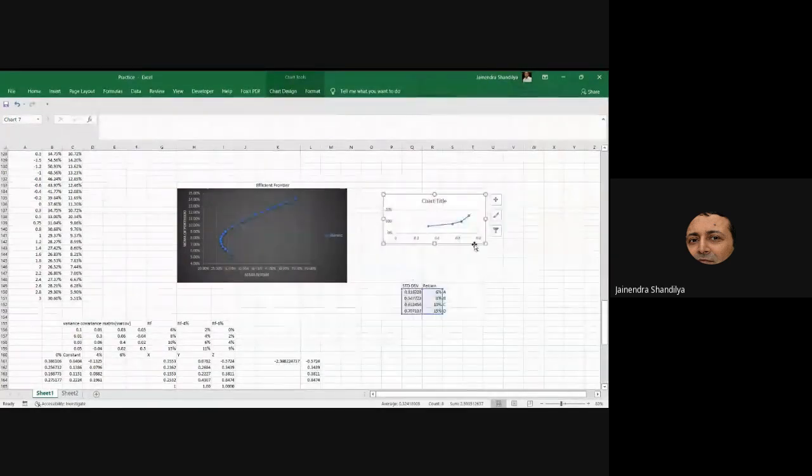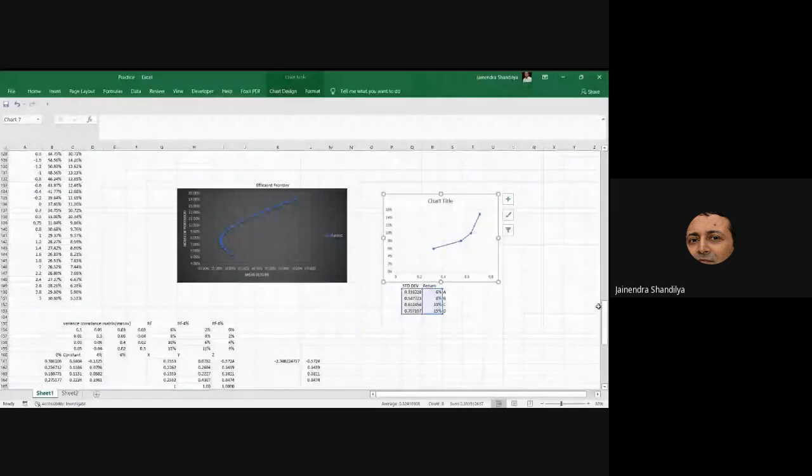Yeah. So I have this chart. Okay. Now I want to check whether this is the frontier that I have calculated. So all I have to do is just superimpose this on this.